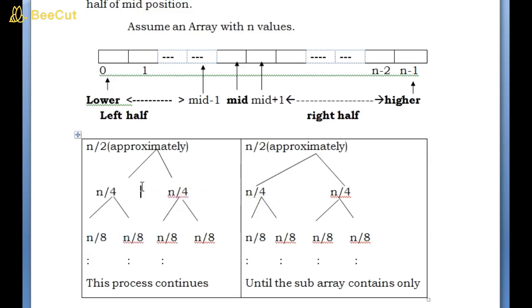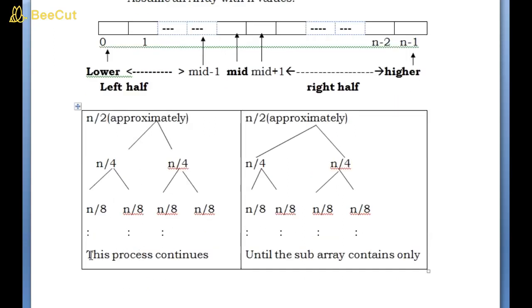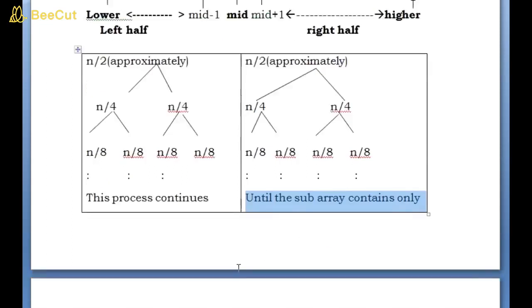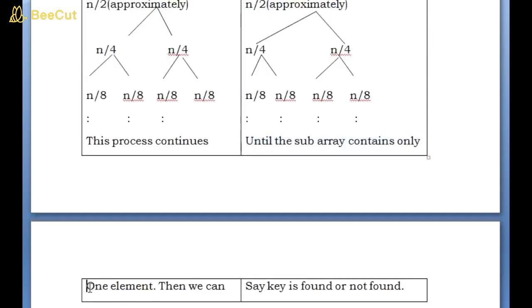Based on the key and middle element relationship, either you go towards the left side or the right side of the array. This process continues until the subarray contains only one element.